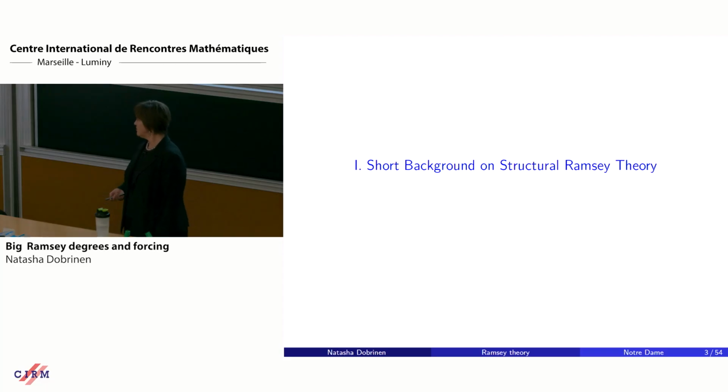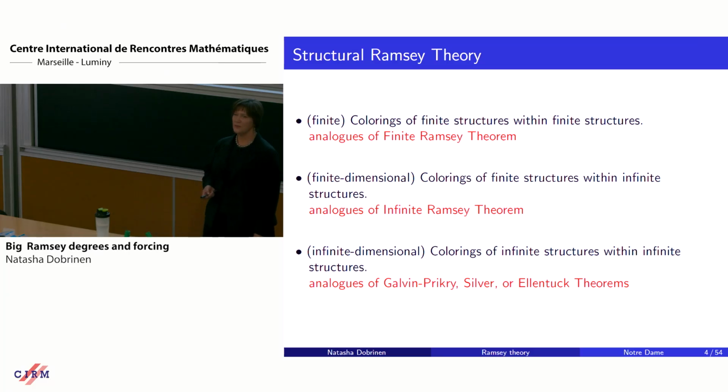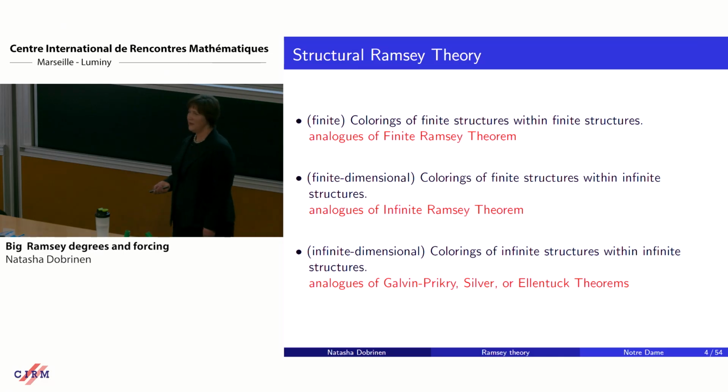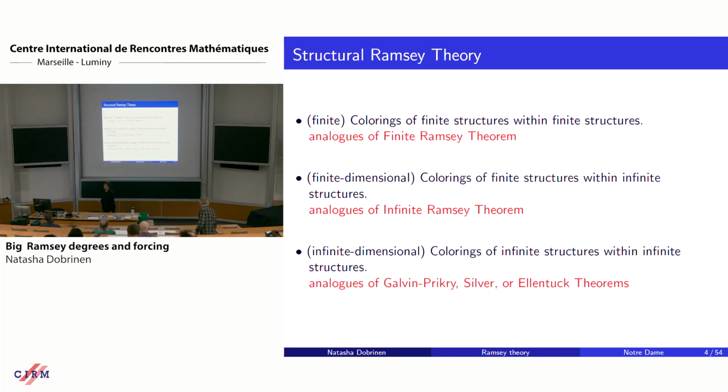So now we go to a short background on structural Ramsey theory. So you have the analogs of those three theorems in terms of structures. You may be coloring finite structures within some class of finite structures. You may be coloring copies of a finite structure inside an infinite structure, where then your task is to find a subcopy of your infinite structure where all of your finite structures have one color, or maybe finitely many colors, some bound.